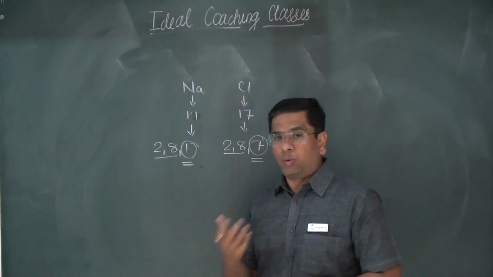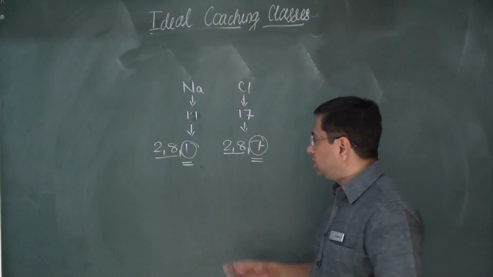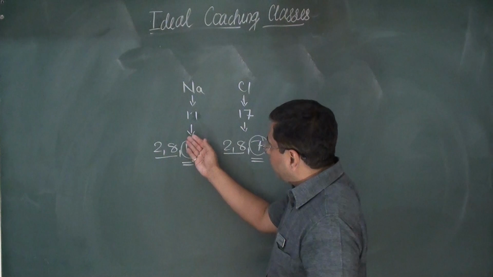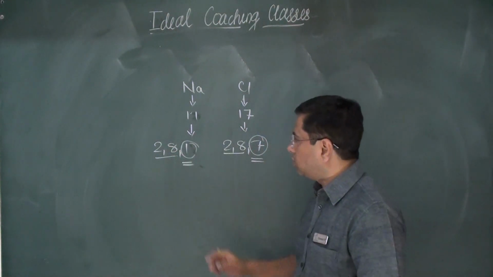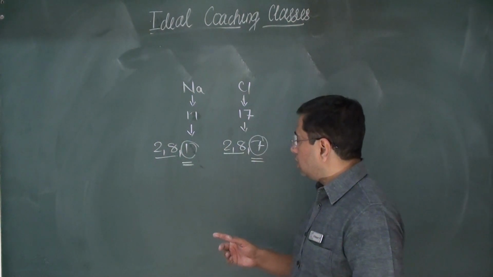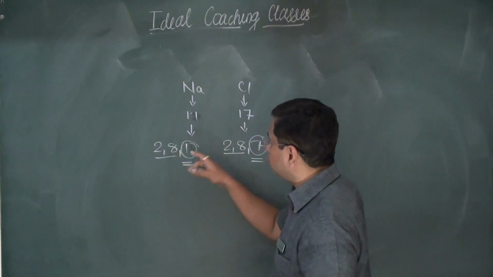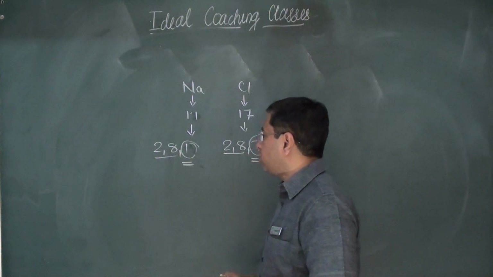How will it react? There are two possibilities. To complete the octet, it will give away the last electron, so the outermost orbit will now have 8 electrons.